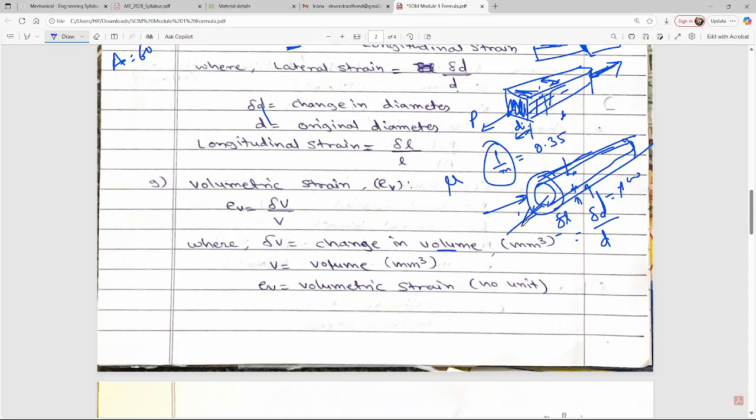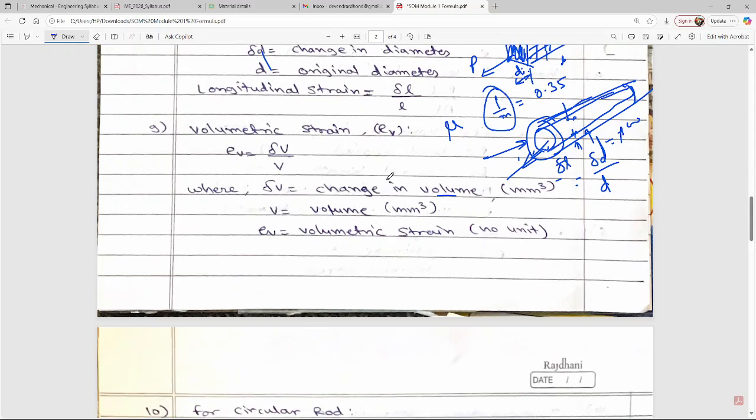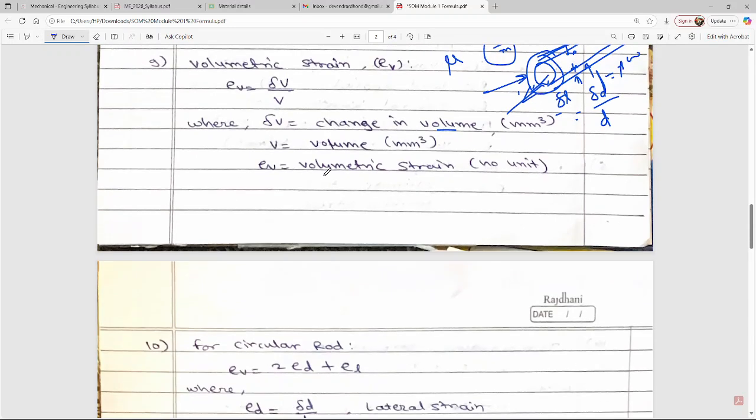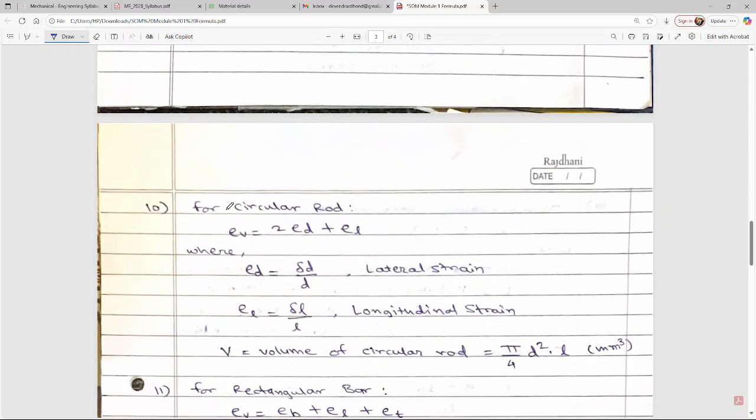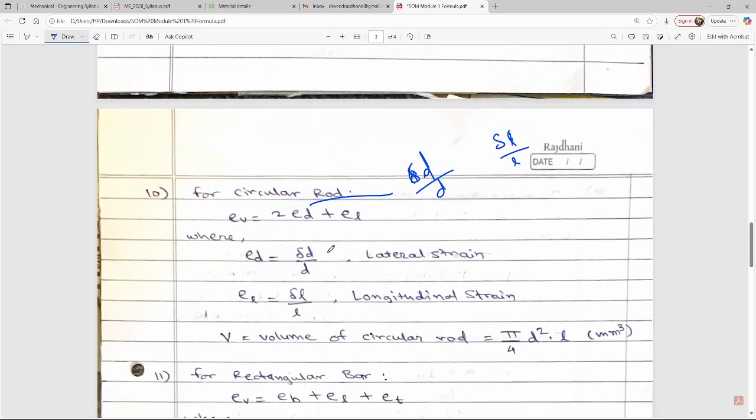So this overall change in volume is known as volumetric strain. Then for a circular rod, EV is equal to 2 ED plus EL. ED means delta D upon D, the change in diameter over the original diameter, plus EL, where EL means delta L upon L.